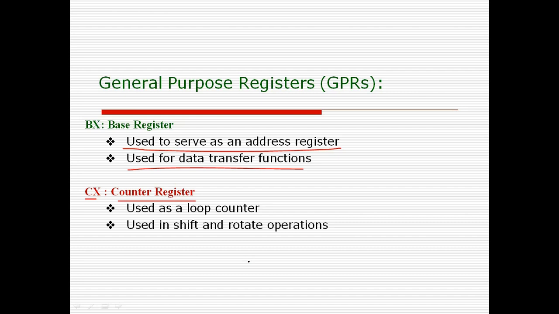In your programming, if you have any counters or if you want to implement any counting operations or applications, we will use the CX register for a 16-bit counter and CL for 8-bit counting operations. In turn, CX has two registers, CH and CL, isn't it? The CL is used for 8-bit counting operations. For 16-bit counting operations, we use the CX register.